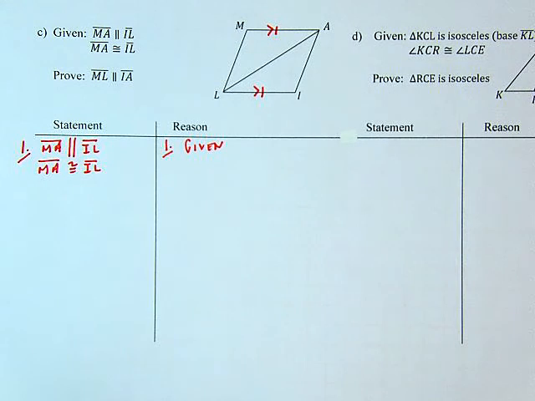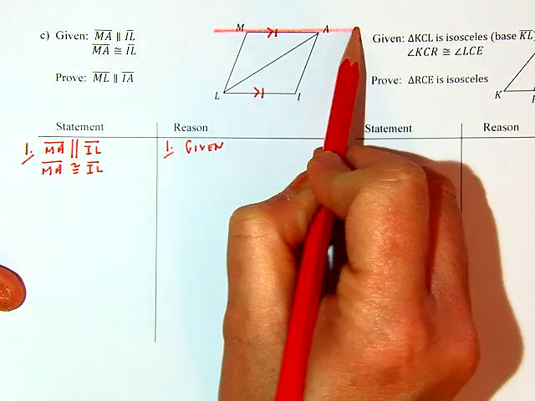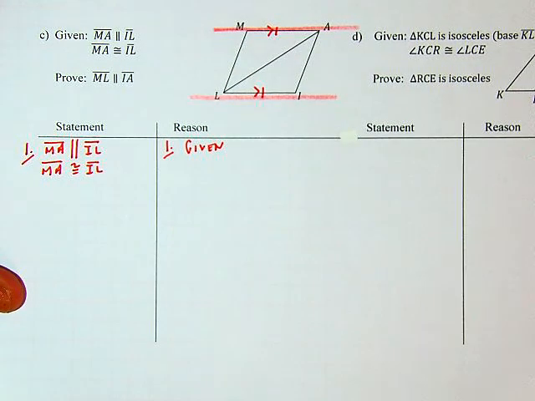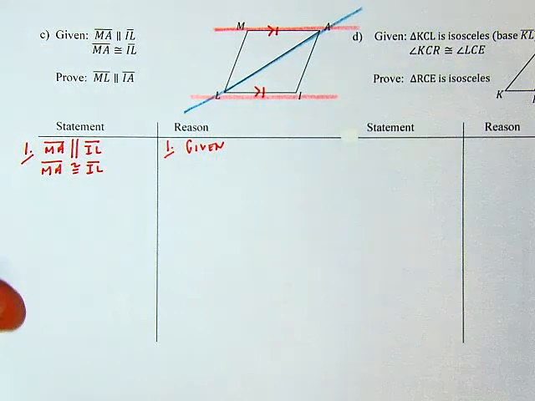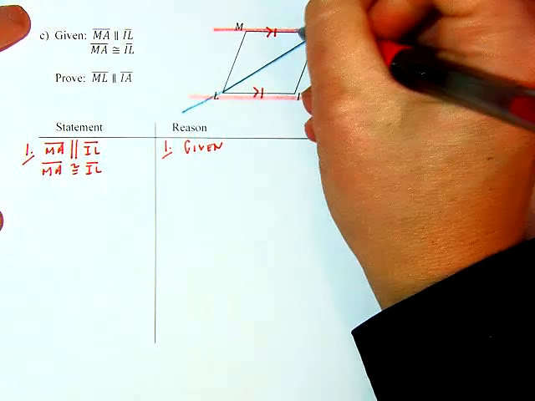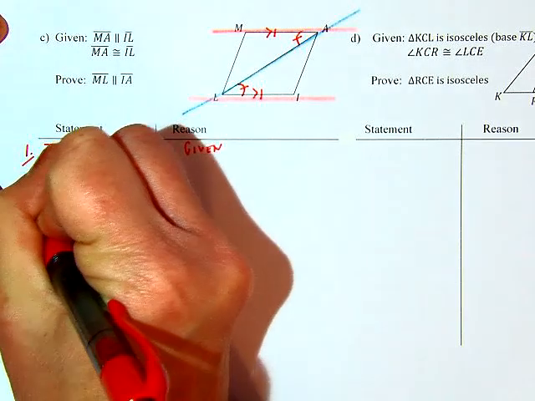All right, where do those parallels lead me to? So I'm going to darken them, emphasize them, and then draw in a transversal. So I can see then that those parallels are going to lead me to these alternate interior angles.